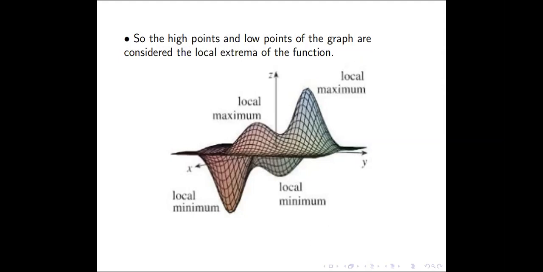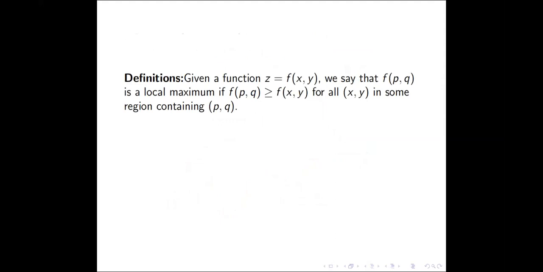So let's define more formally the meaning of the local extreme values of a function f of x, y. So suppose again we are given a function whose equation is z equals f of x, y, and we consider some point p, q. Now, when is p, q a local maximum of the function?